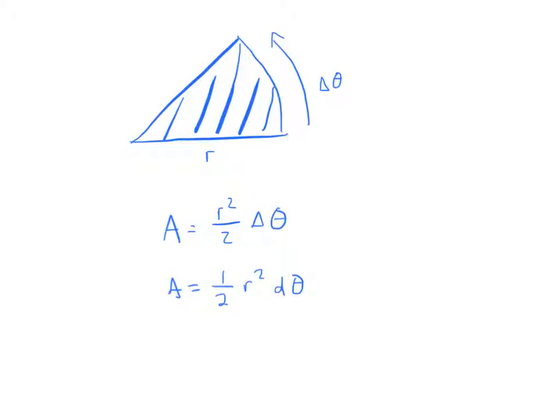And then because we're working with an infinite number of these sectors, this delta theta is going to get infinitesimally small, so instead of having delta, we just write d theta. So this is the area for one of the sectors, and then if we want the area for all of the sectors, that's where our integral comes in that we had on the first page.